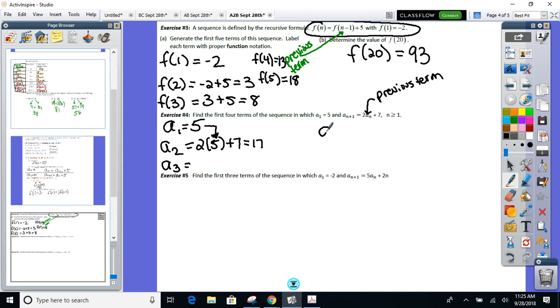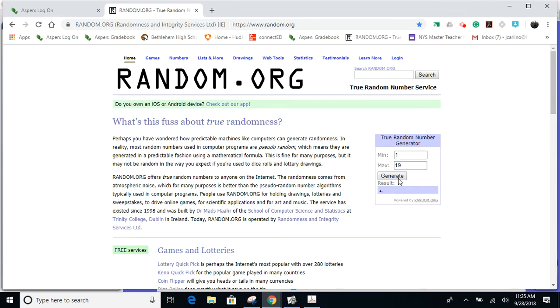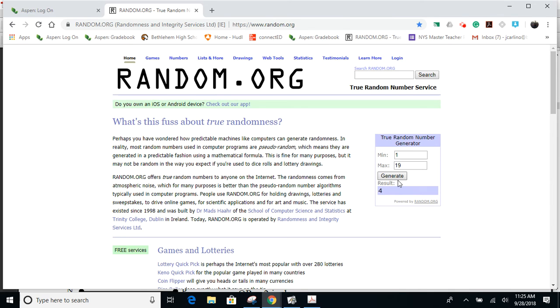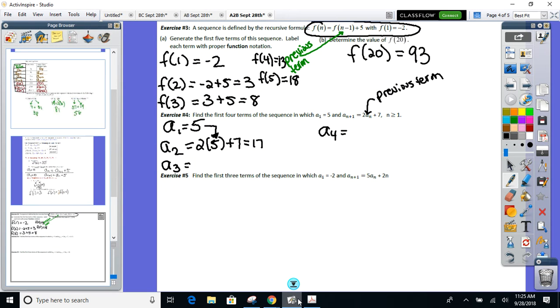Third term. Fourth term. Got the third term for me? 19? Got the third term for me? 26?